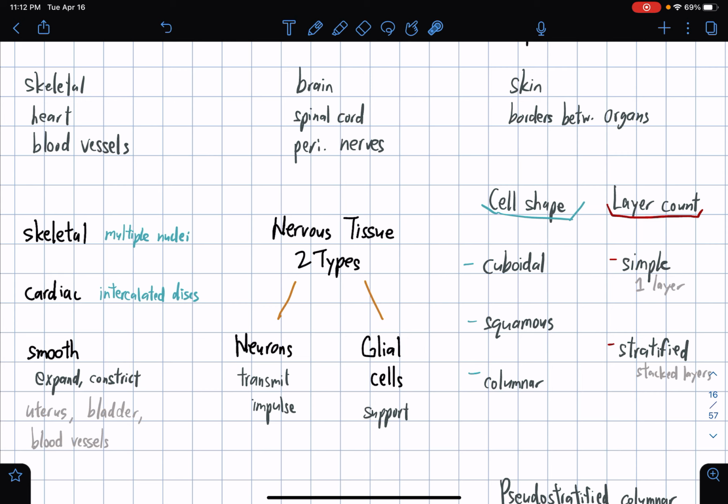So it can affect the urinary system as they filter the blood, and circulation could ultimately be compromised. Okay, so smooth muscle, it expands and constricts. Smooth muscle basically is found in delicate organs such as the uterus, the bladder, and the blood vessels.